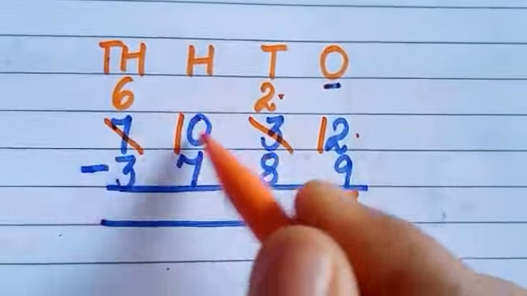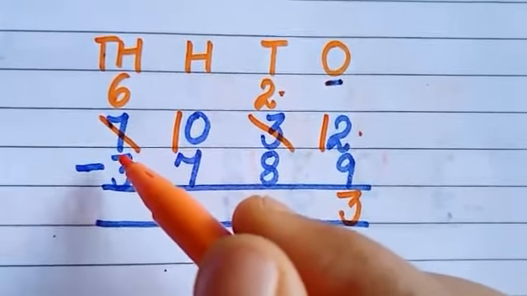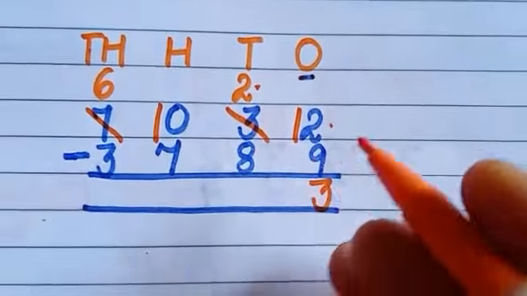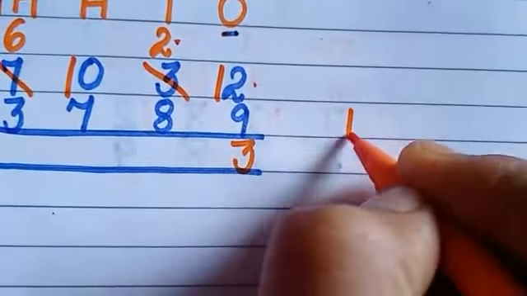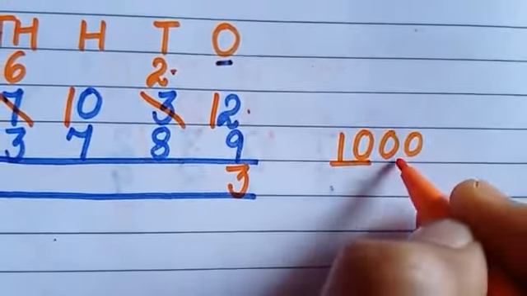Student, what is happening here? This is 7000. Now 7000 has given 1000 to this 0. Okay? So 1000 is also 10 hundreds.